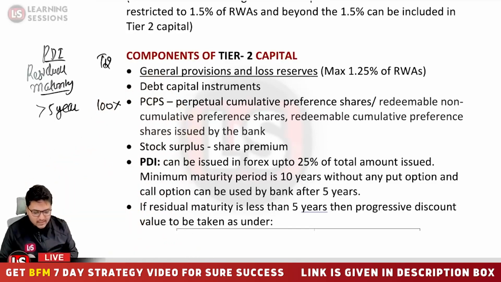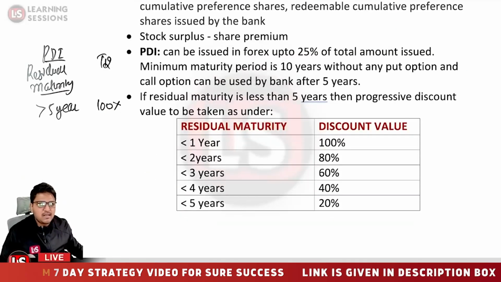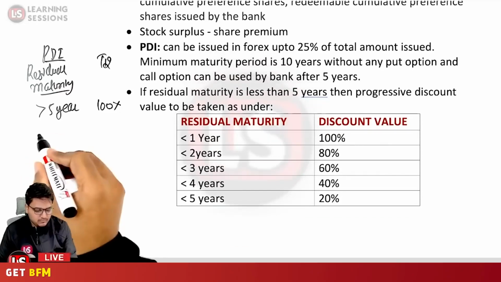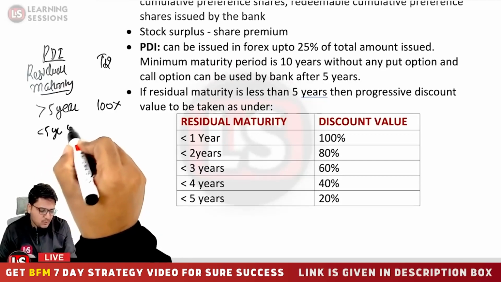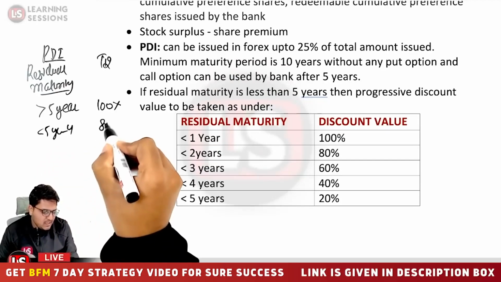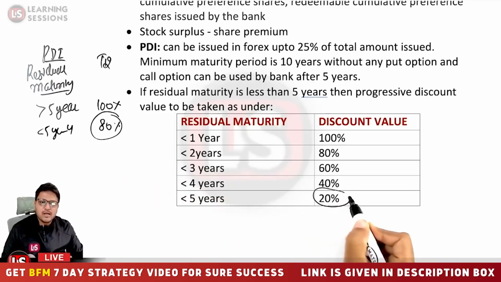But if the residual maturity is lesser than 5 years, and up to 4 years, then in that case 80% of the value will be considered. That is, the value will be considered at a 20% discount.